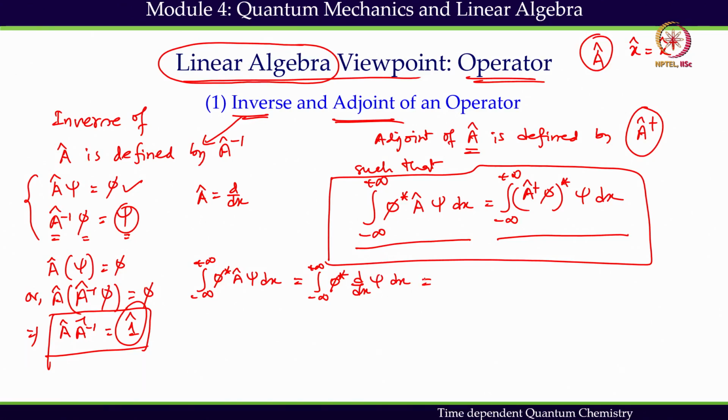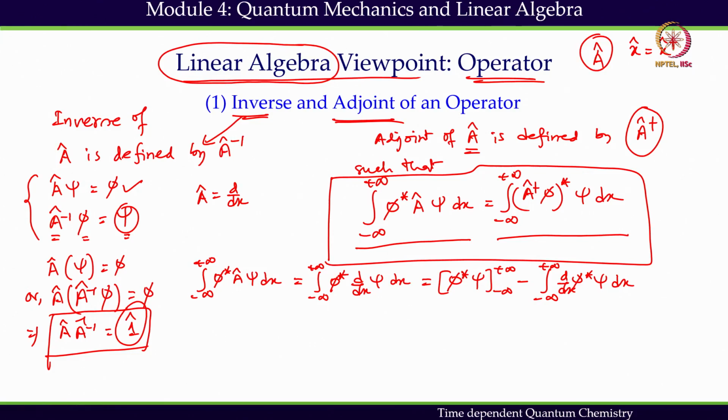If I do integration by parts, then I get phi star psi from minus infinity to plus infinity, minus the integral from minus infinity to plus infinity of d/dx phi star times psi dx. This is integration by parts, and let me just remind you of the general formula.